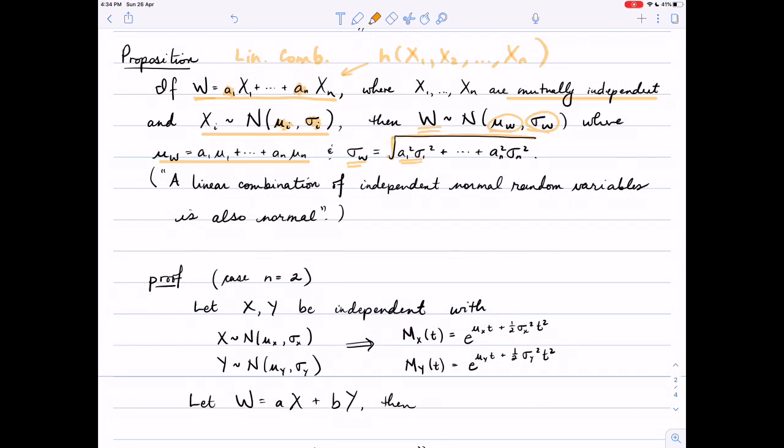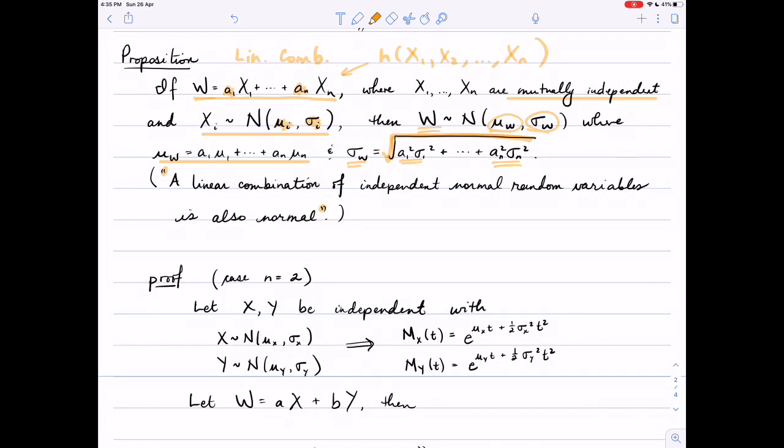So A1 squared sigma1 squared all the way up to An squared sigma n squared, and then square rooted to give you the standard deviation of W. So the common phrase for this is a linear combination of independent normal random variables is also normal.